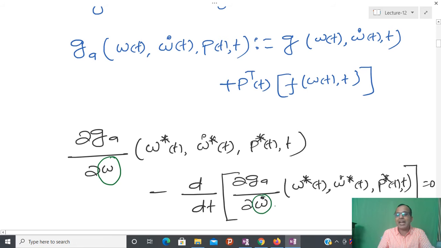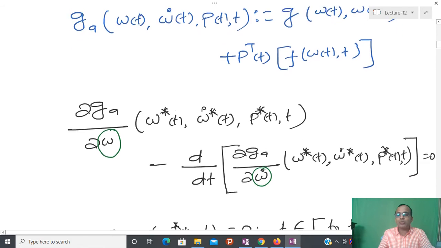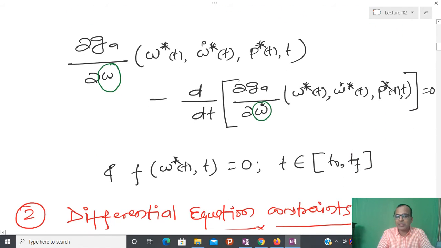At the same time, we also force that at the optimal point that constraint remains satisfied. In this way I am able to solve the optimal problem of any functional whenever I have a point constraint.